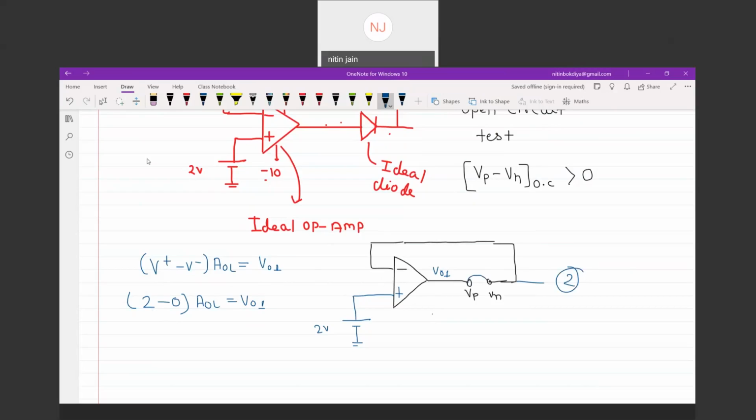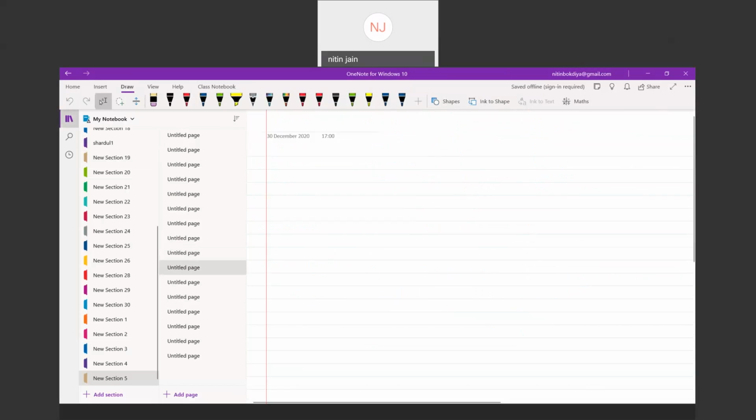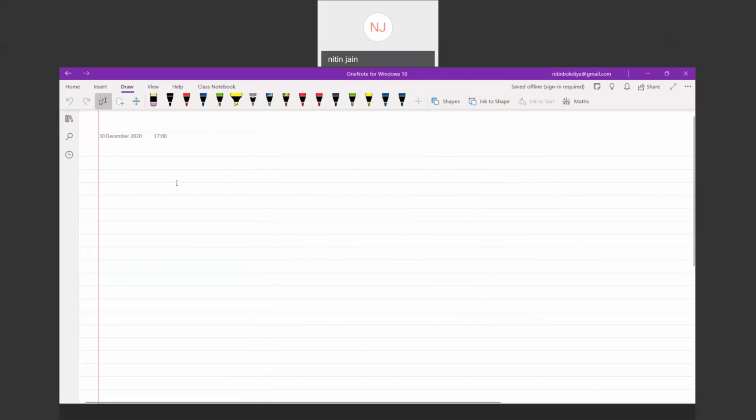Let's take few more questions based on op-amp based rectifier. So let's take this.